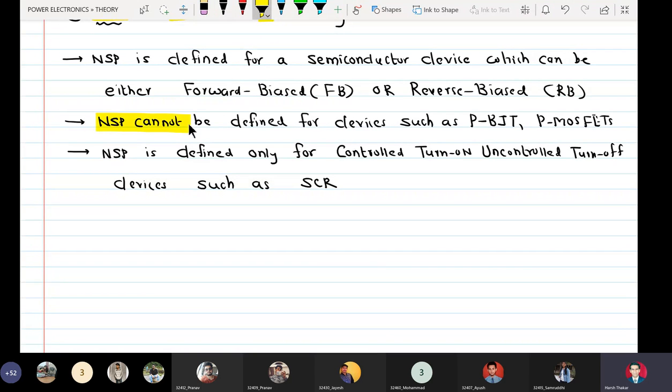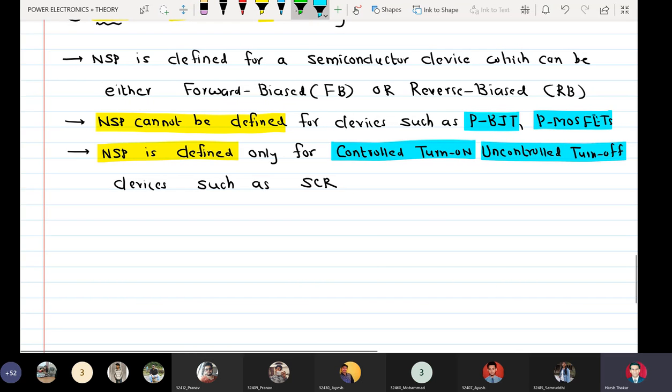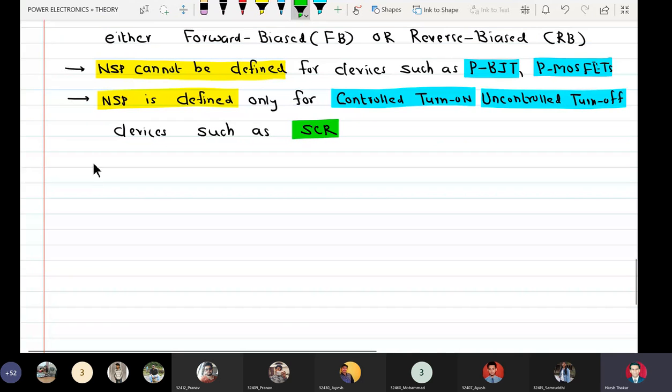Okay, NSP cannot be defined for devices such as power BJT and power MOSFET, but NSP is defined only for control turn on uncontrolled turn off devices such as SCR. Okay, so now how to correctly define NSP. So now we define NSP.